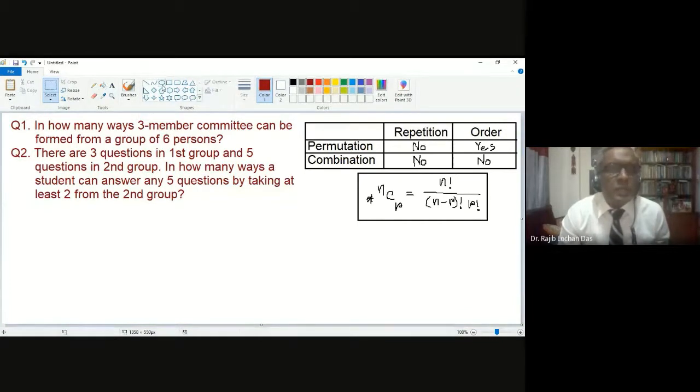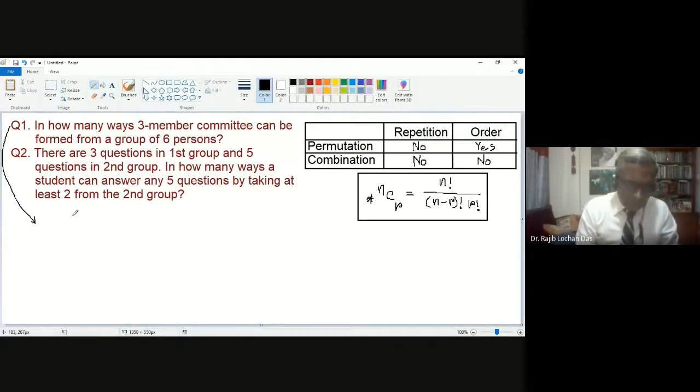So let me do the first answer quickly. It is very easy. So what will be the first answer? The first answer will be 6C3, and it is 6 into 5 into 4 divided by 3 into 2 into 1, so 3 2 1, 6 cancel, so it is 20.